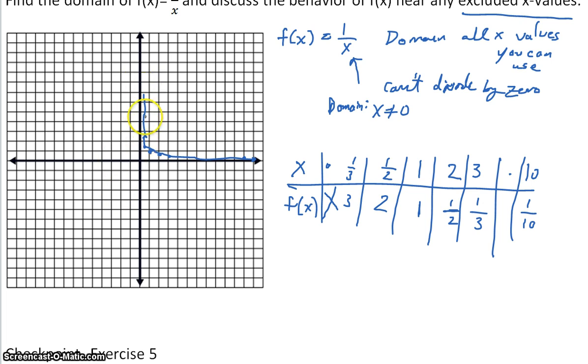Now, I haven't finished my graph yet, but let's take a look at something here just for a second. Let's take a look at x when it's -1. When it's -1, y is also going to be -1.